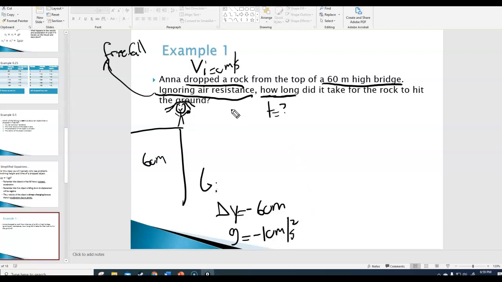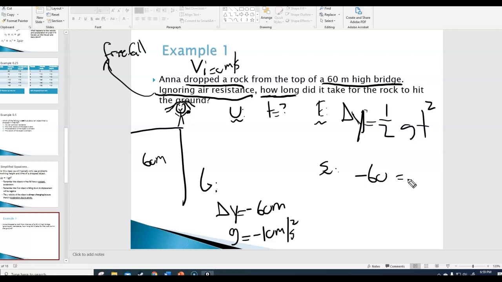My unknown is time, and we're only going to be using the one equation for these free fall problems, that's delta y equals 1/2 gt squared. And now all I need to do is plug in and solve, substitute and solve. Okay, delta y is negative 60. That's equal to 1/2 times g, which is negative 10.